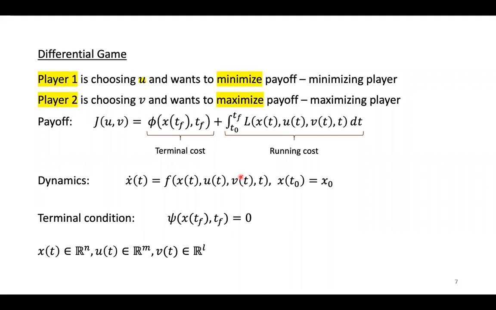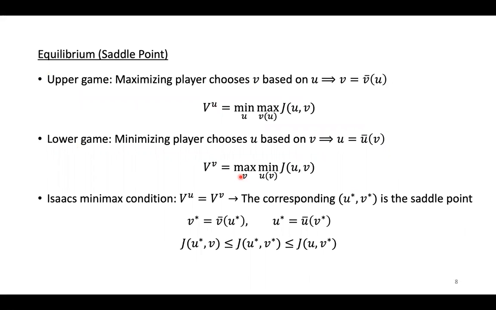And given this situation, the equilibrium is defined using what are called upper games and lower games. Okay, so consider this scenario. Both players were given the game, saying that this is the payoff function, this is the dynamics that you should be following, and this is the terminal condition.